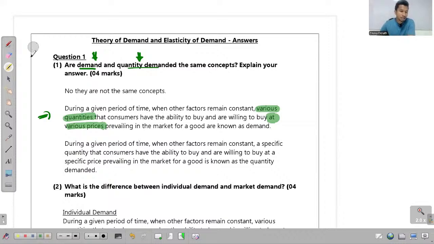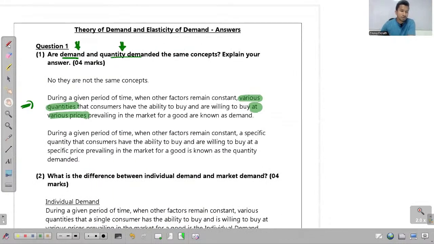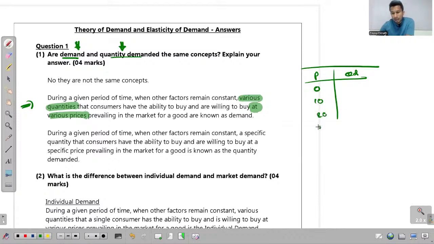Now, for example, if I try to explain you this using a demand schedule, look at this demand schedule. On this side, we have prices. On the other side, we have quantity demanded, quantities in simple terms. And if you look at these prices, 0, 10, 20, 30, and this will be from 400, 300, 200, 100, and let's add one more. This is 40, and this will be 0.